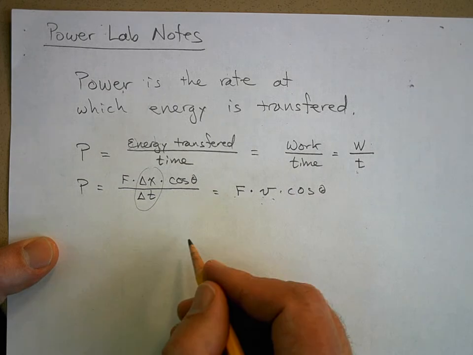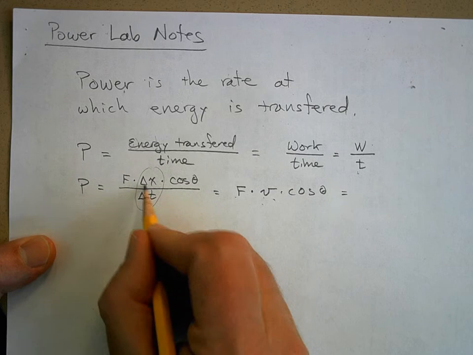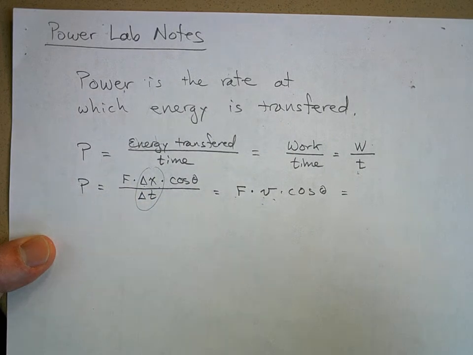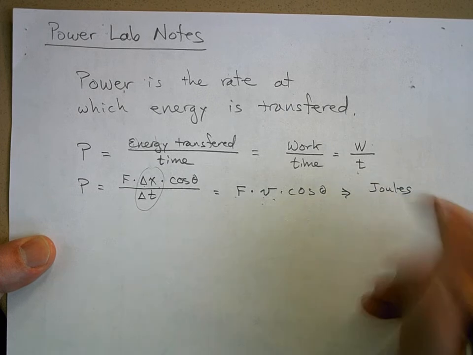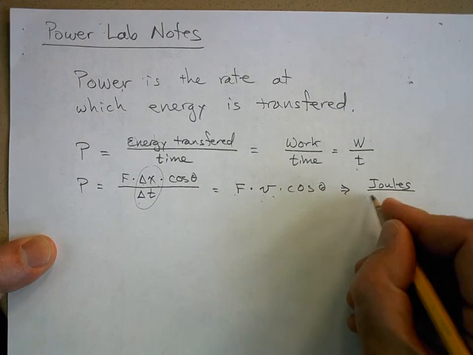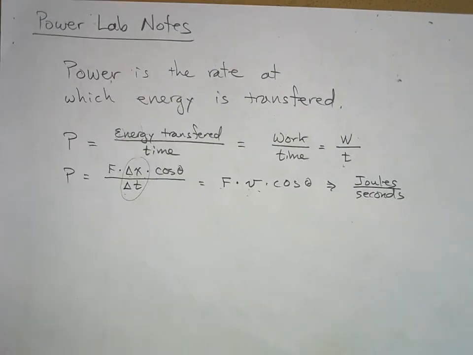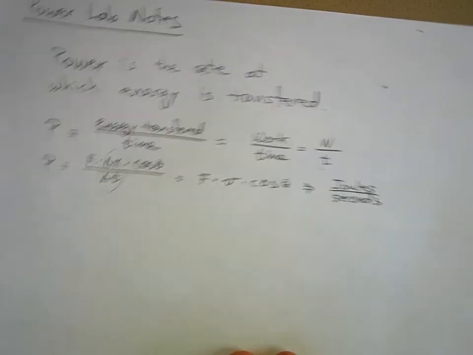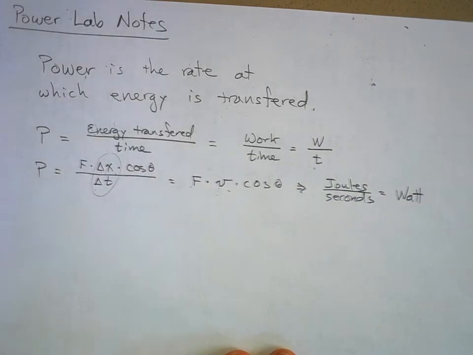Now let's talk about units here, of course, and I think we already discussed this, but force times displacement, that's work. Work is measured in joules. And then delta T is measured in seconds. And we said that a joule per second is a watt.